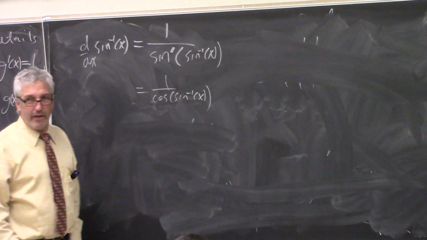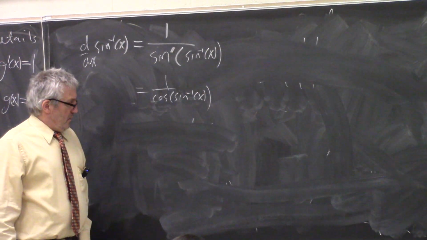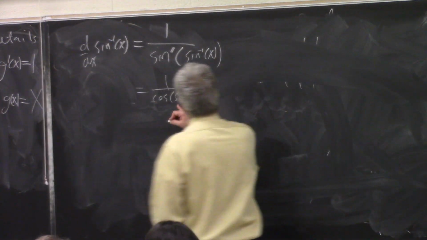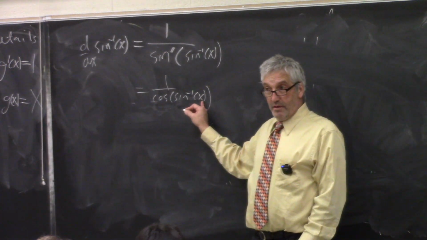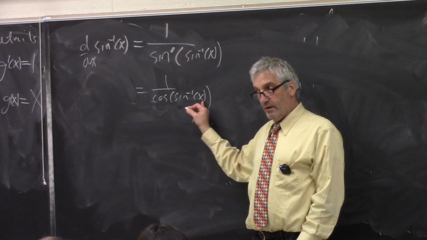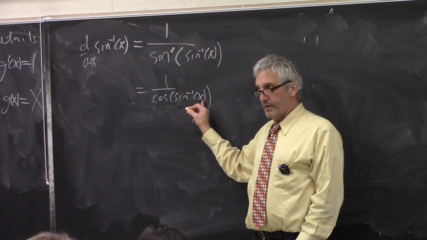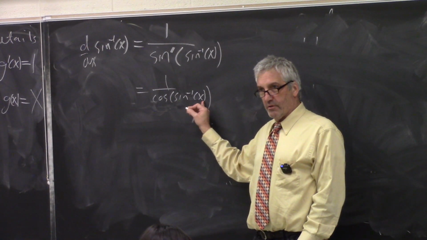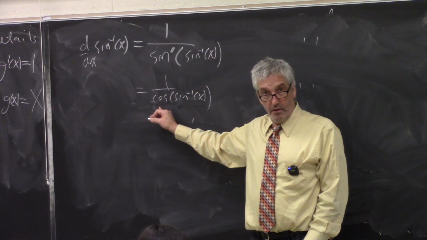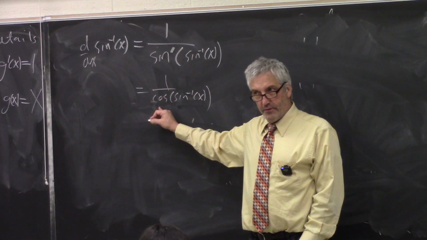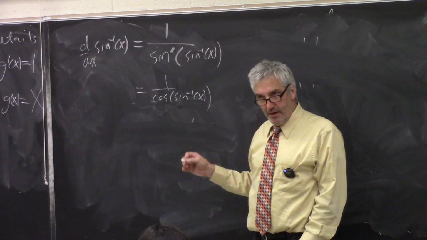Now how do we figure that out? Well, remember what this means: sine inverse of x means the angle whose sine is the number x. We're supposed to think about that angle and figure out what its cosine would be. So we want to draw a picture of an angle whose sine is the number x.